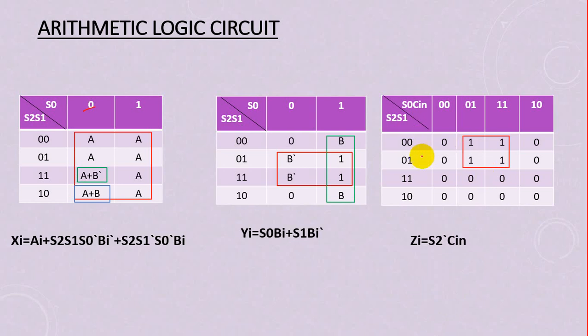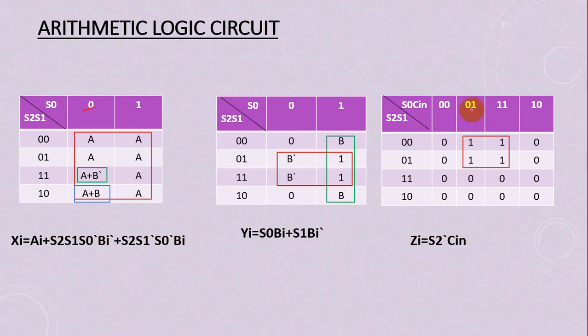This S1 gets changed, S0 remains fixed. So S2 bar, S2 remains fixed. So S2 bar. And this 0, 1, 1, 1, 1. Okay. So carry in remains fixed in this case. 1, 1. So carry in fixed.